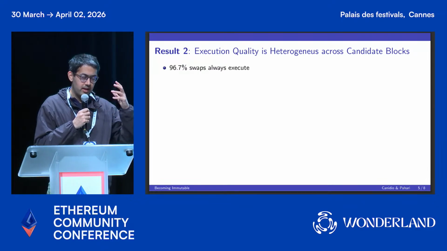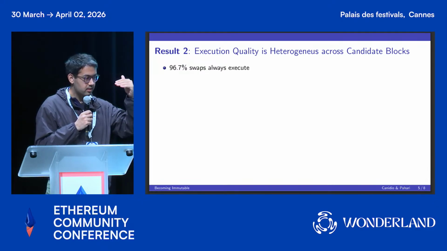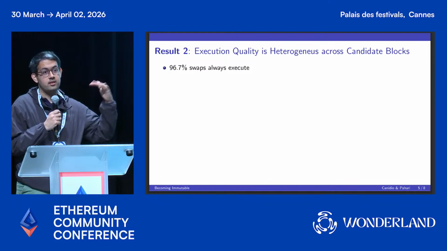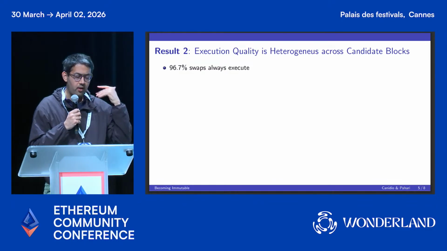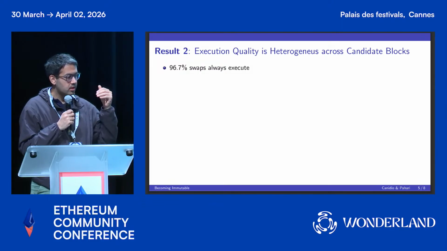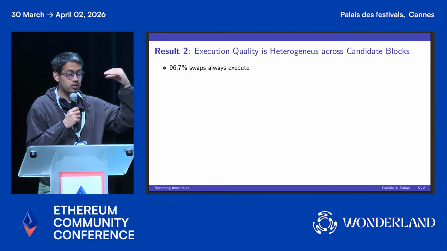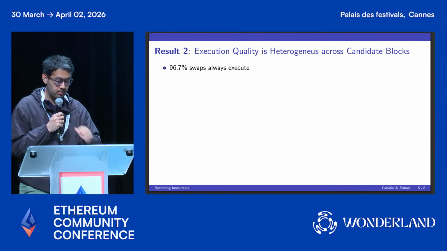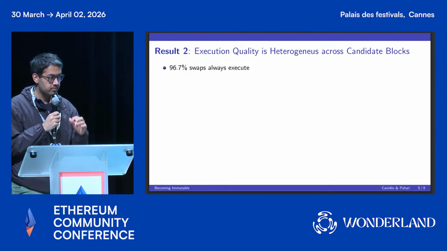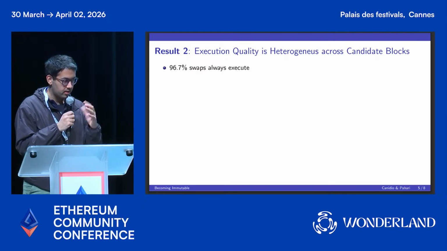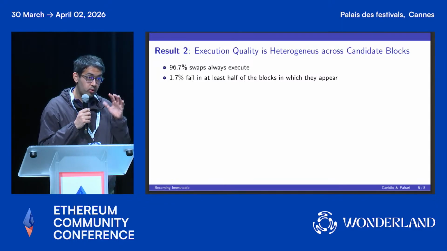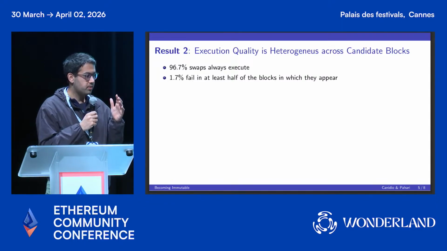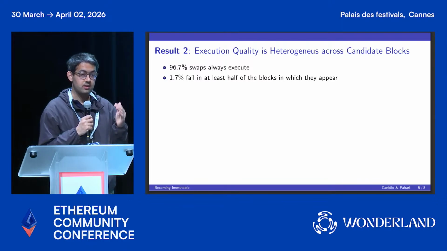Now, if we look at the execution quality of these user transactions across these candidate blocks, we find that most of these user swaps always execute. But we do see some distinctions on a pretty significant amount of transactions, namely that 1.7% of the swaps fail in at least half the blocks they appear in.